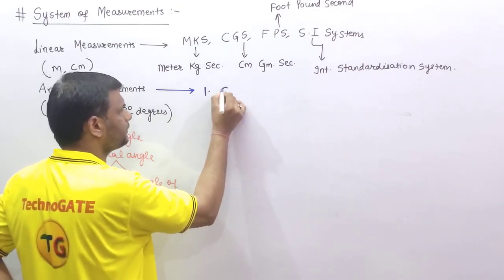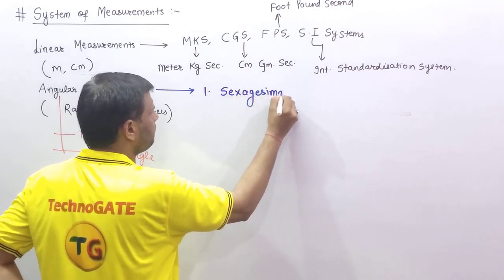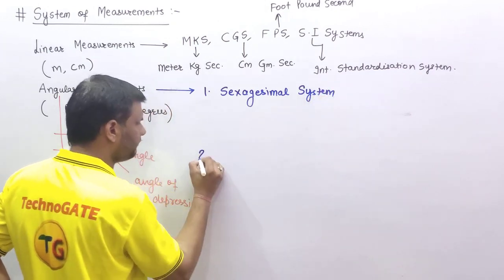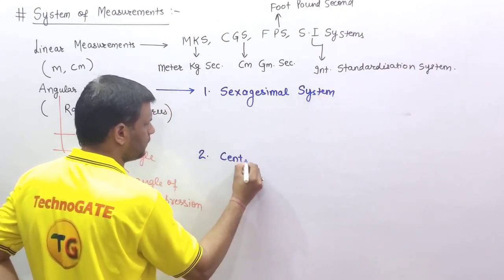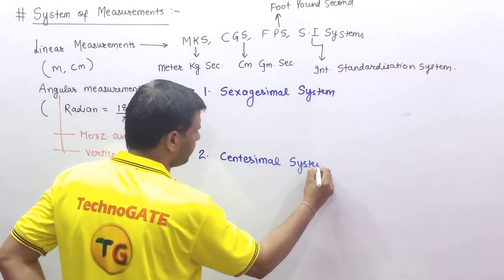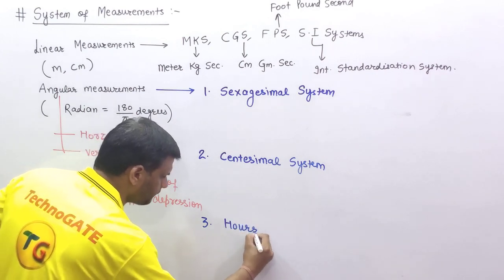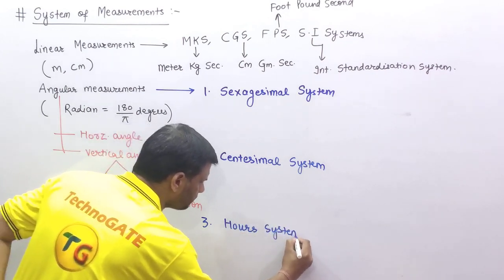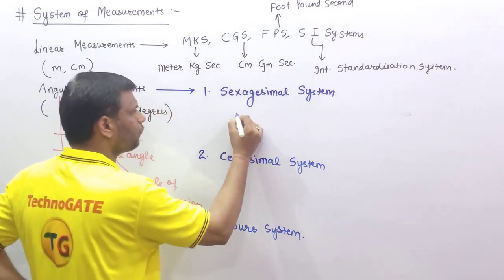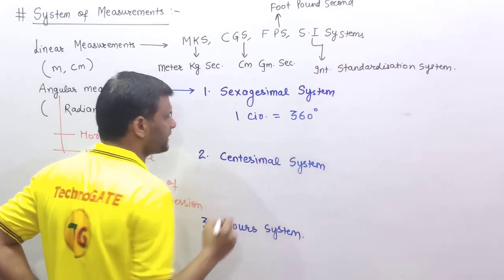One is called the sexagesimal system. Second one is called the centesimal system. And third one is called Haworth's system. According to the sexagesimal system, one circumference equals 360 degrees.